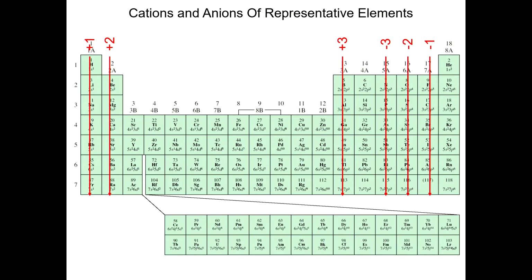And for these nonmetals, they show the -1, -2, or -3 charge. But for this group, maybe it is more complicated because they can get 4 more electrons or lose these 4 electrons. Okay.